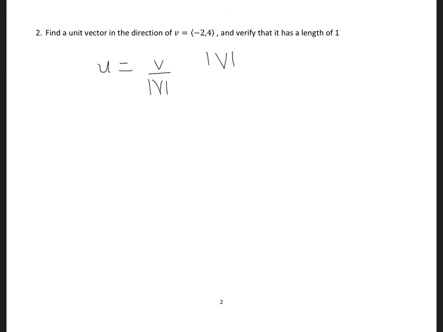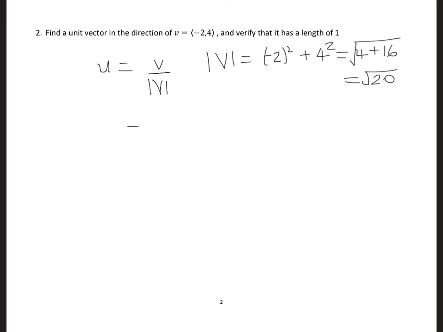So let's start with the magnitude of v, which equals the square root of negative 2 squared plus 4 squared, which is equal to the square root of 4 plus 16, which is equal to the square root of 20.